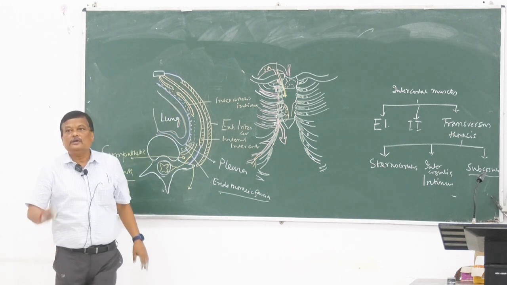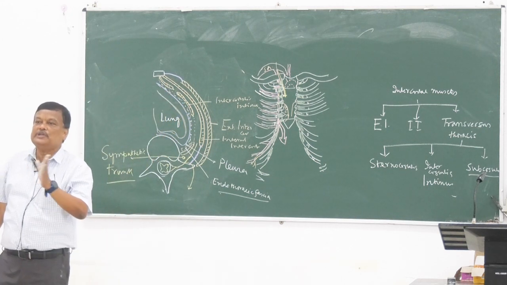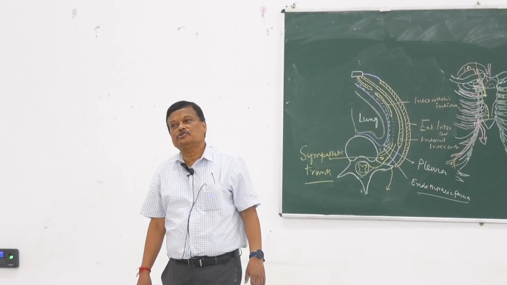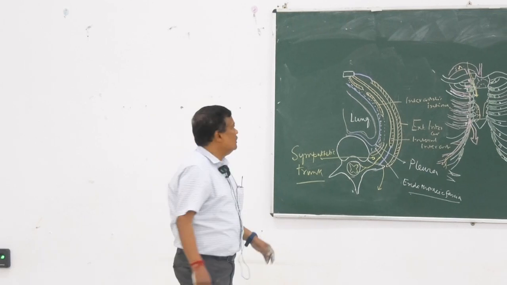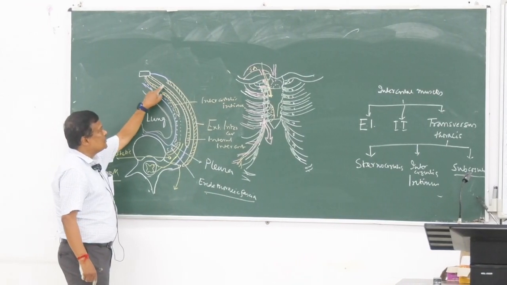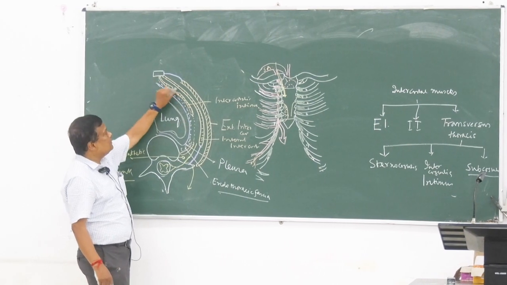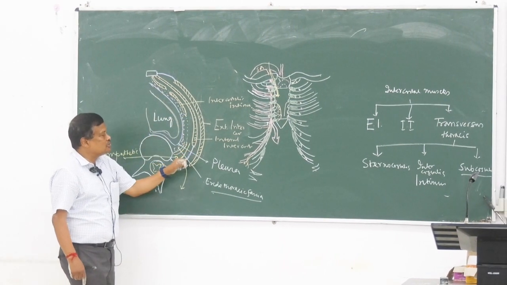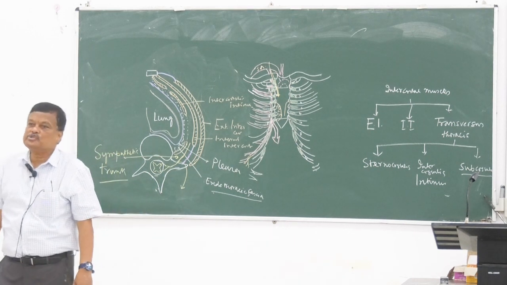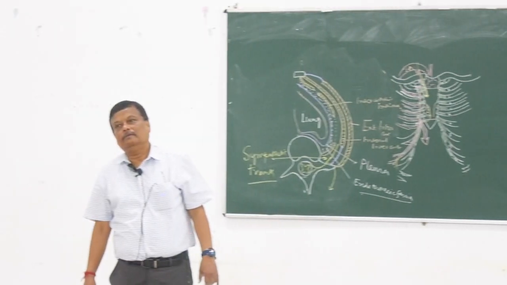Anteriorly it is changed into a membrane. We call it the anterior intercostal membrane. Similarly, internal intercostal is muscular in the anterior and lateral part, but posteriorly it becomes a membrane-like structure. We call it the posterior intercostal membrane.